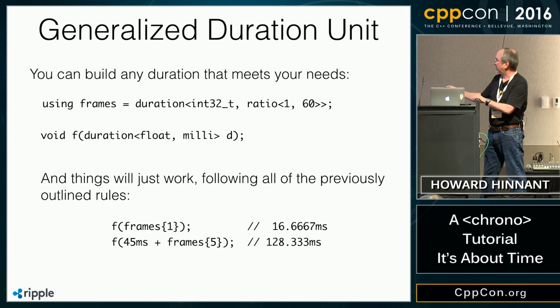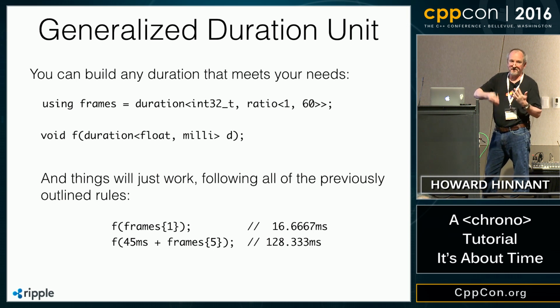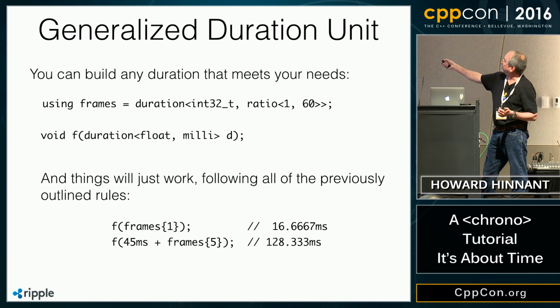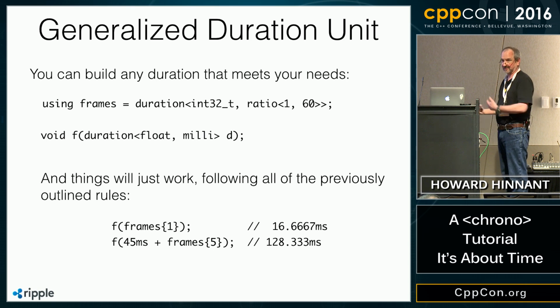We can use our custom duration called frames, send in 1 frames to this, and it will automatically convert to these floating point milliseconds and print out 16 2/3 milliseconds because that's what the conversion happens to be. You don't have to do any of this math yourself. The only math you had to do is specify this 1/60th right up here, which means 1/60th of a second.